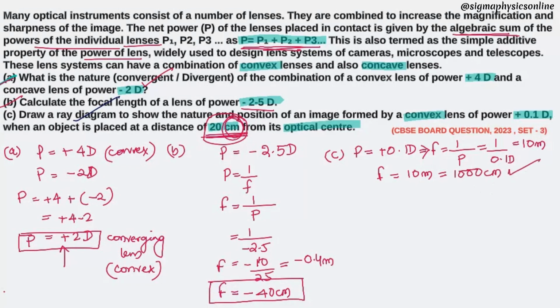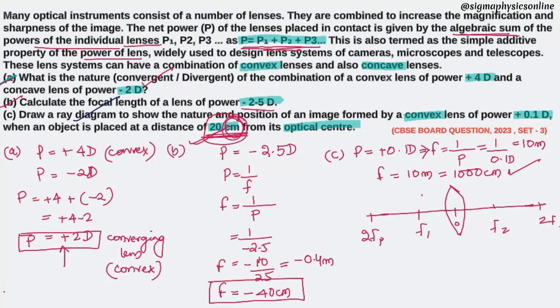It looks a bit unusual that the focal length is 1000 centimeter and the object is situated at 20 centimeter. Now, since the question is concerned with power, let's assume that the object is situated at a distance of 20 meter from its optical center. Then the diagram would be like this: if the convex lens is here with its optical center, this is F1, this is F2 and this is 2F2.